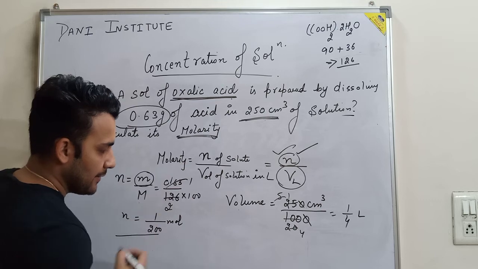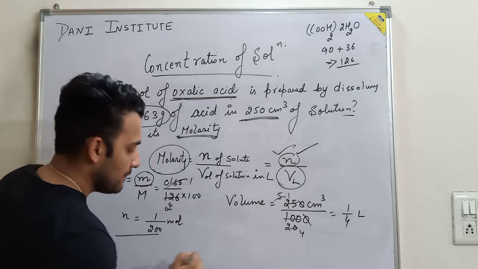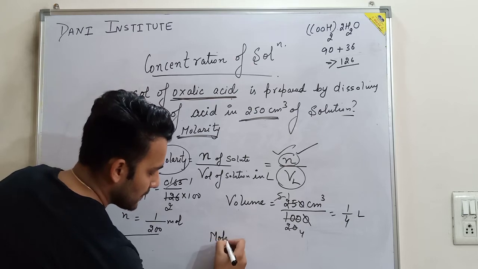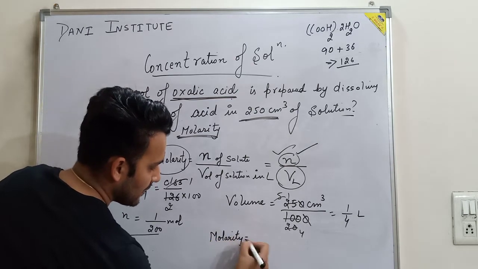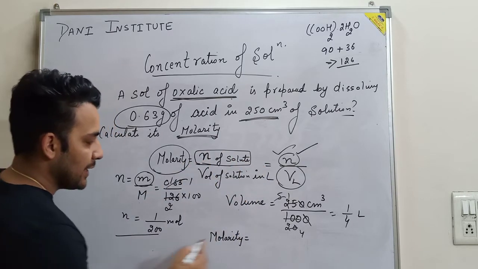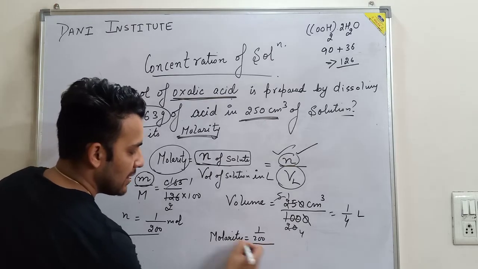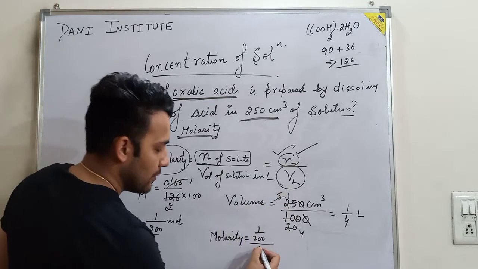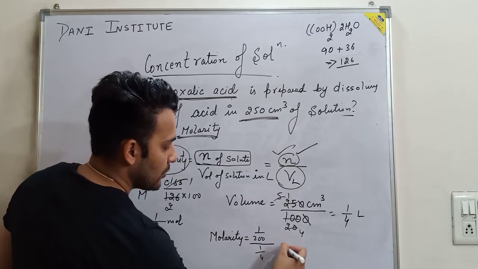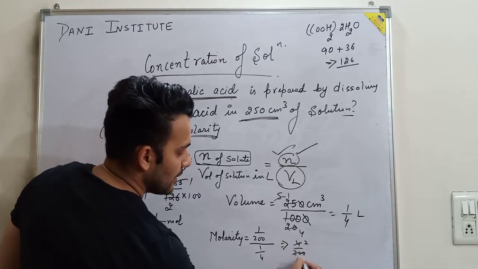So volume is 1 by 4 liter, and number of moles you have calculated. Now what we are going to do? We are going to apply the formula of molarity. Molarity will be equal to number of moles, 1 by 200, divided by 1 by 4. 4 by 200.